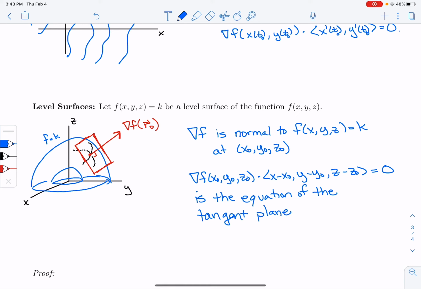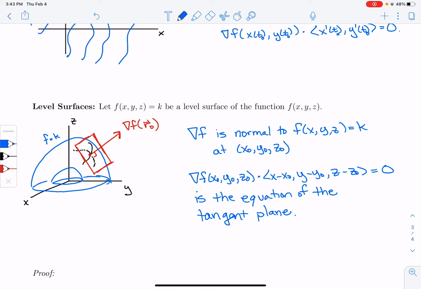So we have a level surface. The gradient is going to be normal to that level surface. So now if we want to find an equation of a tangent plane to a surface, an implicit surface, then we can do that using the gradient.